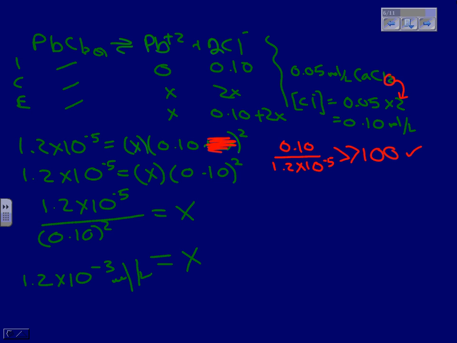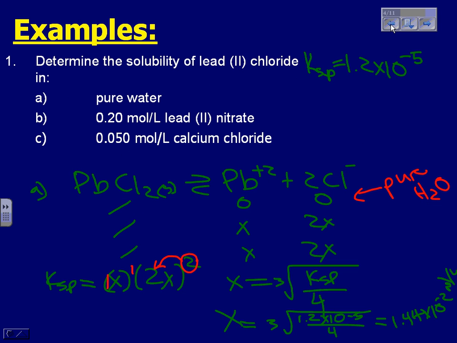Okay? So just to kind of review this particular type of question, determine the molar solubility of lead chloride. I will give you the Ksp right in the question. And then I'll say in pure water, shortcut. If you remember the shortcut, away you go. Get the solubility. And then I'll say, what if it's in a solution of something that contains the common ion? The common mistake is to write down an equation for lead nitrate.